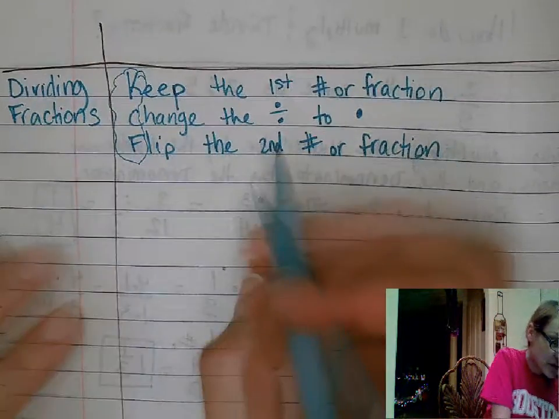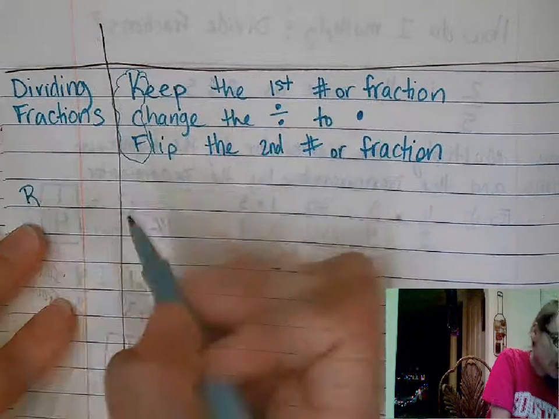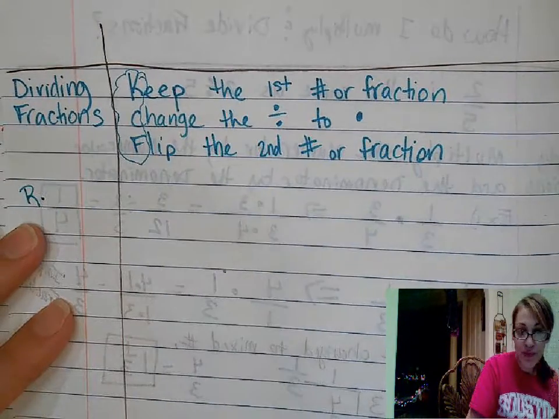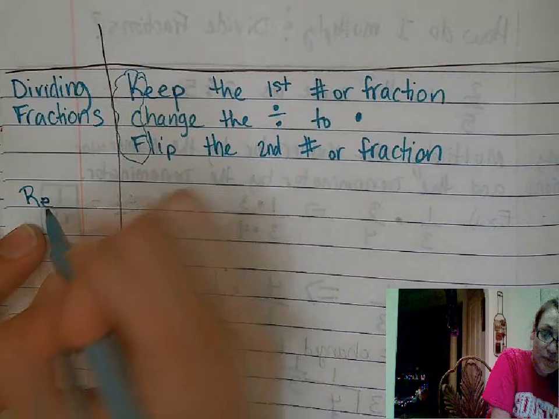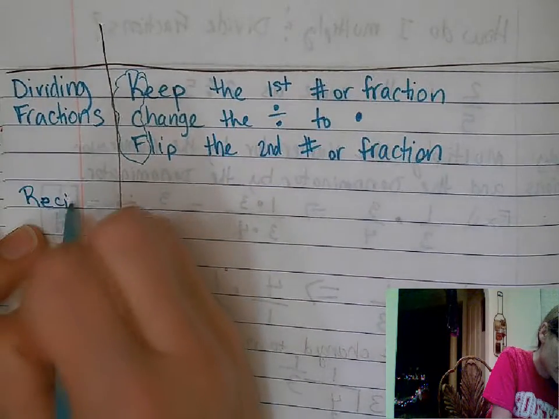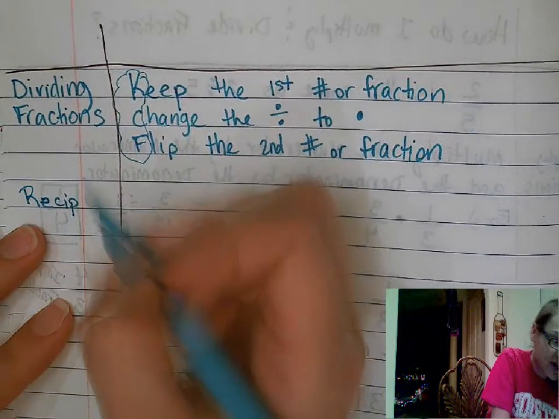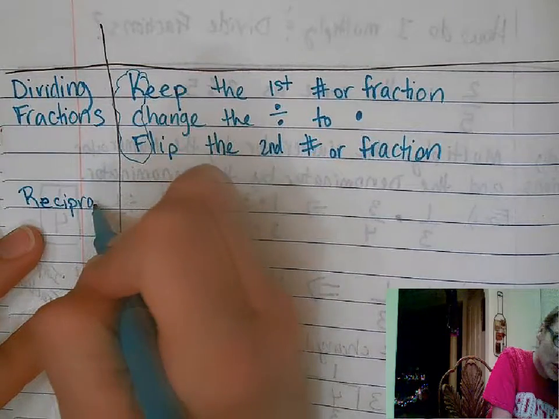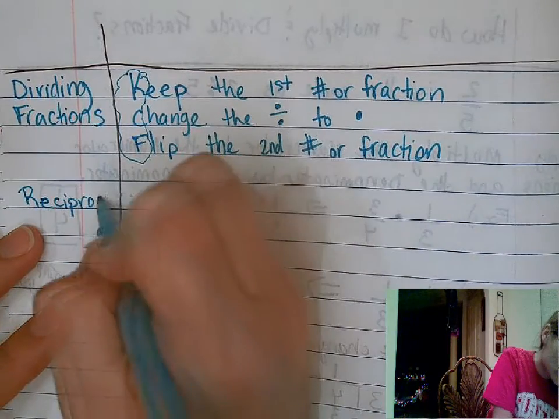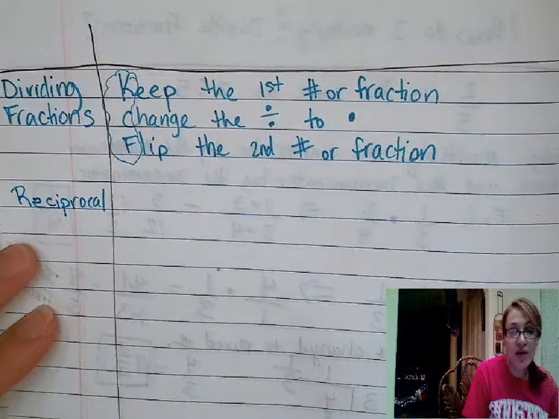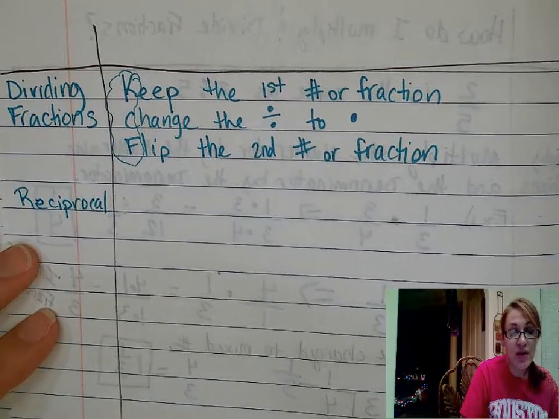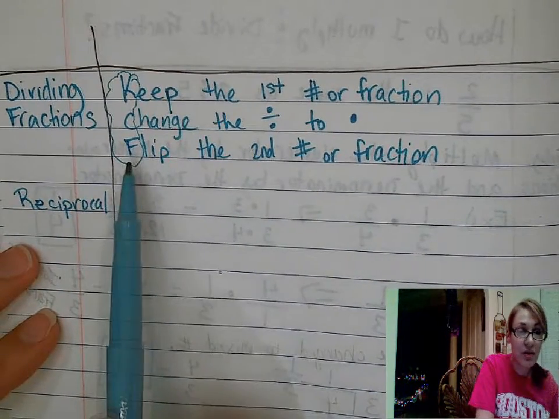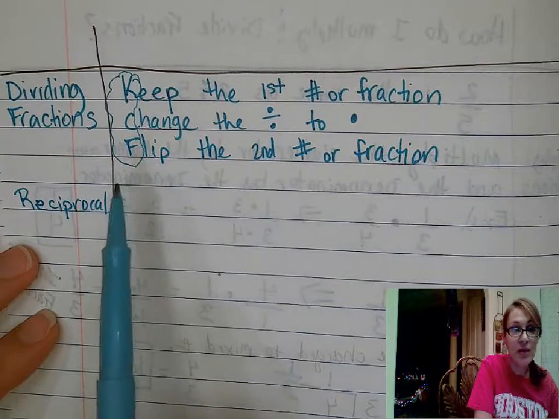Oh, and first I need you guys to understand what this word means, reciprocal. And I have to say it like that so I can make sure that I spell it correctly. Reciprocal. Okay, so reciprocal, that's the step here. Pretty much all you're doing is flipping.